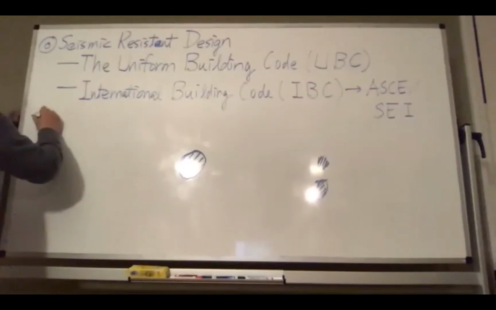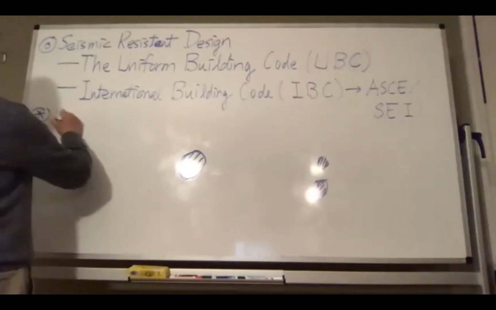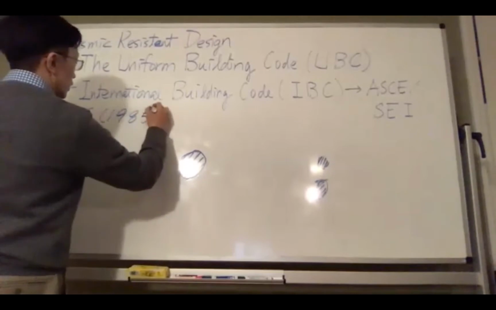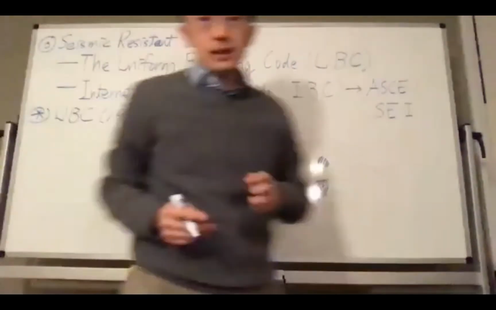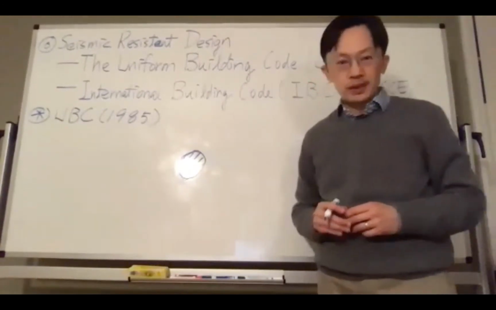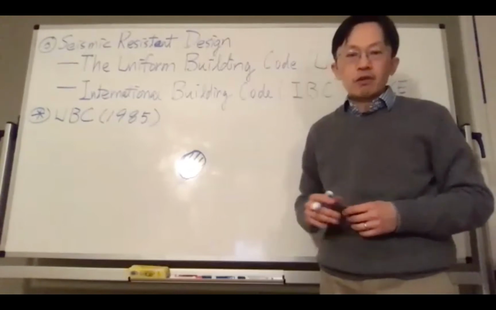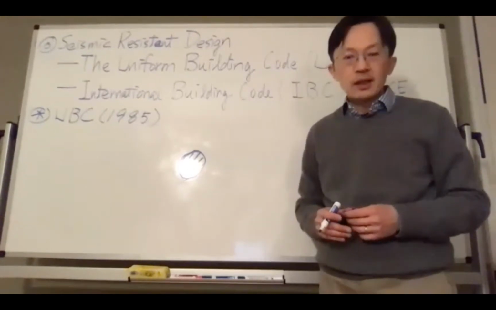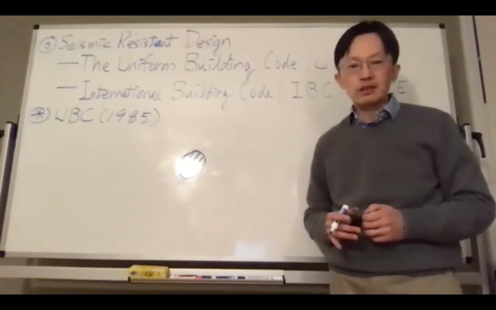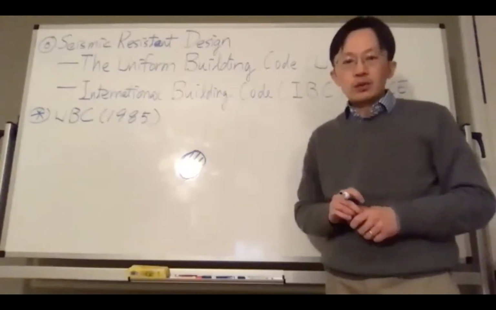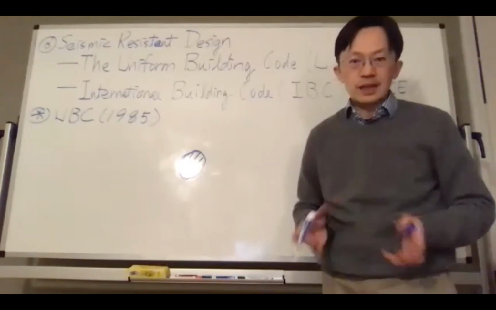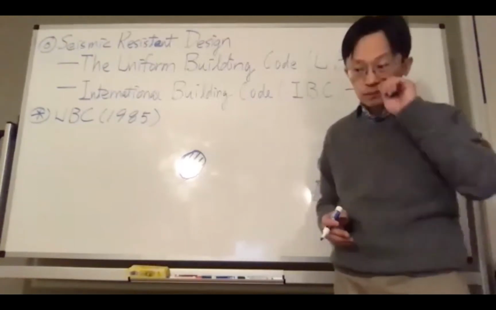The first one that we're going to consider is the UBC code, released in 1985. And UBC 1985 may be considered one of the classical design codes because it was pretty comprehensive. It involves more than 30 sub-steps, and it includes 6 major coefficients to account for different characteristics when you consider the structure or the bridge is under the impact of seismic loading, or what you may consider as ground motion.